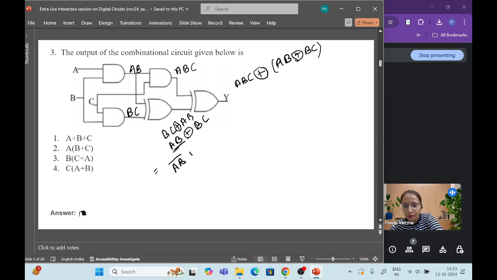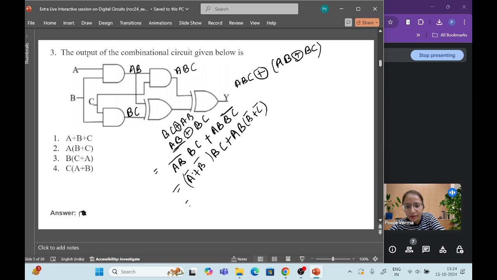So AB XOR BC is AB dash BC plus AB BC dash. If we further solve it, A dash plus B dash, BC, and similarly on this side AB, B dash plus C dash, right?